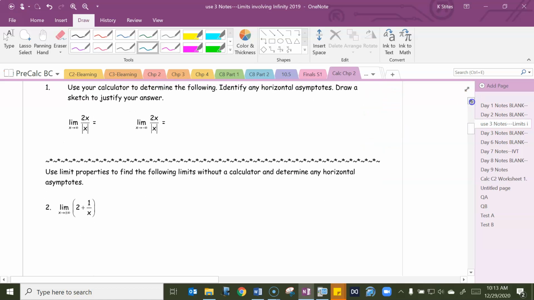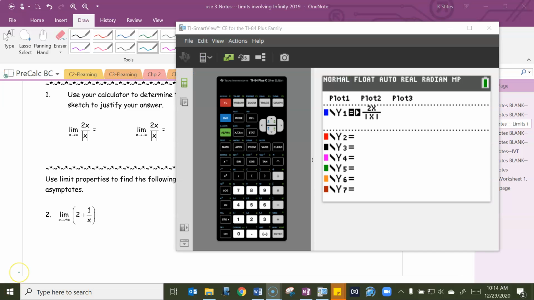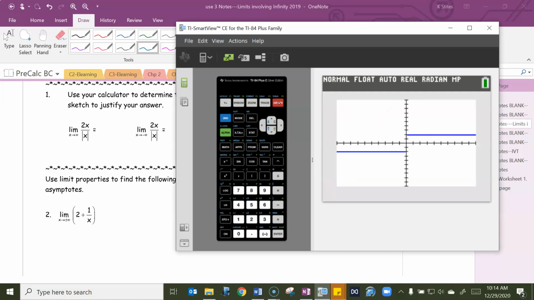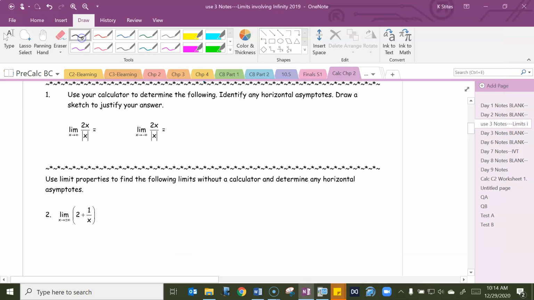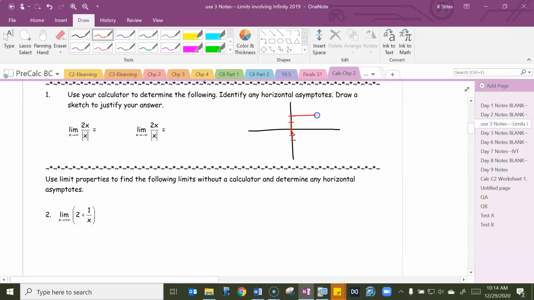Use your calculator to determine the following. Identify any horizontal asymptotes. Draw a sketch to justify your answer. I've gone ahead and typed this equation into my calculator and graphed it, and we can draw a quick sketch of this. So we have 2 and negative 2.